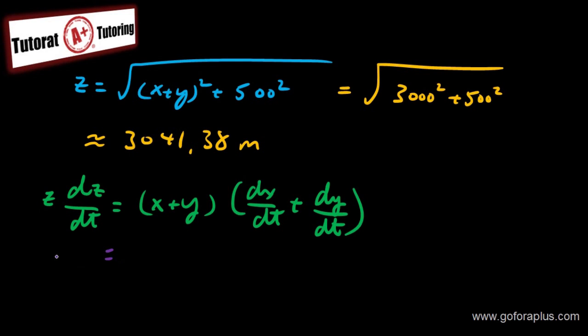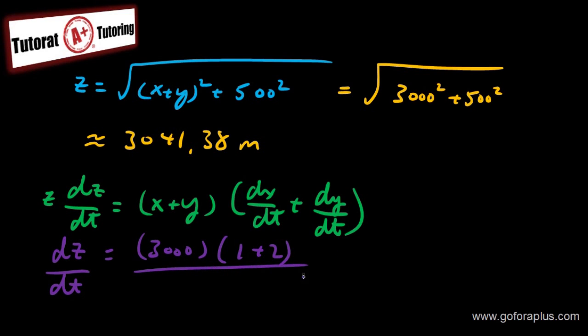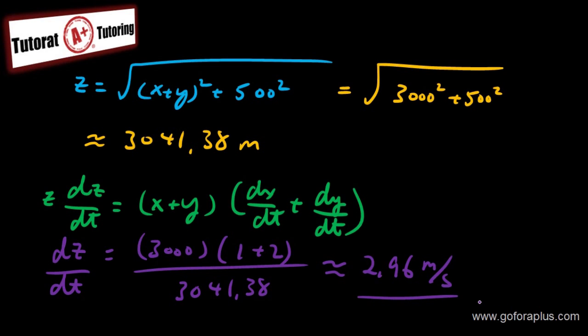So I have dz over dt equals 3,000 times (1 plus 2) over 3,041.38. This is about 2.96 meters per second. And this is basically my final answer.